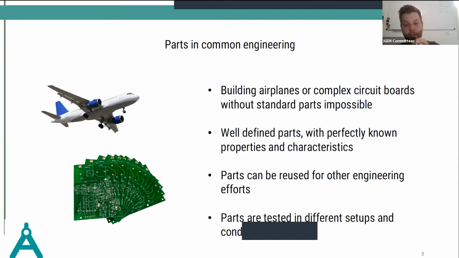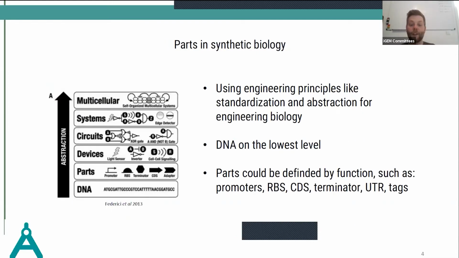All these parts are defined, and you know exactly what they are doing. Now the question is, do we have the same situation in synthetic biology, or in biology in general? Of course, we would like to have exactly that, that we think about engineering biology in that way, with different levels of abstraction, as it's called.